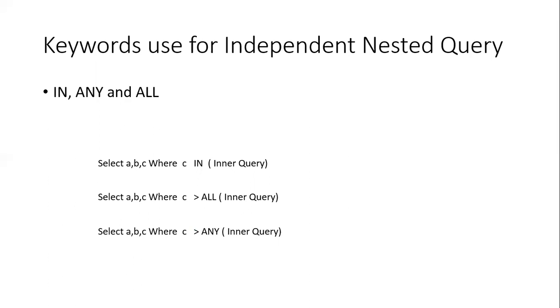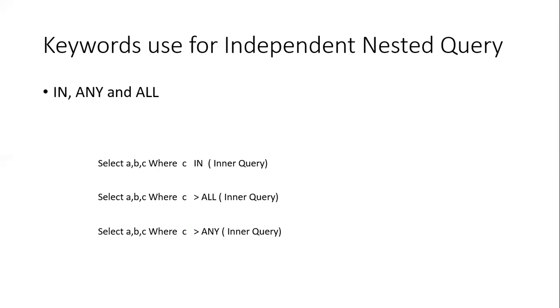So whenever we use ALL, it means that the attribute value of the tuple must be greater than all values of the set whose values are returned by the inner query.